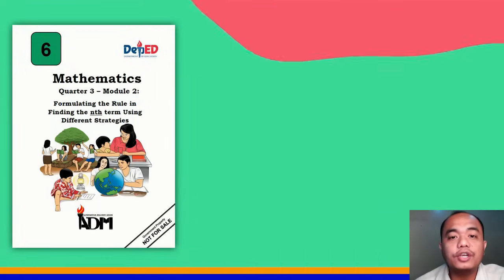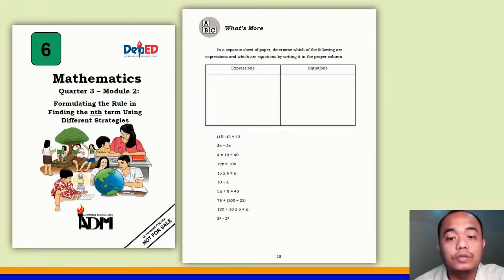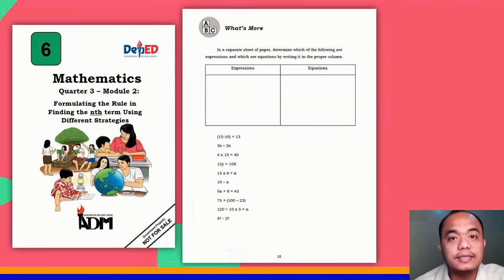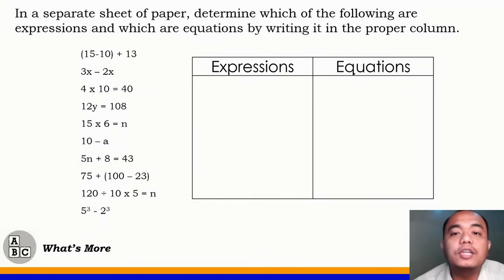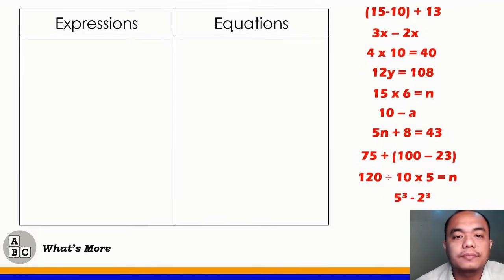Now, let us answer the What's More part of your module that could be found on page 16. Direction: Determine which of the following are expressions and which are equations by writing them in the proper column. So you are given a set of equations and expressions here. All you have to do is to write them in the proper column in the table. Let's start.